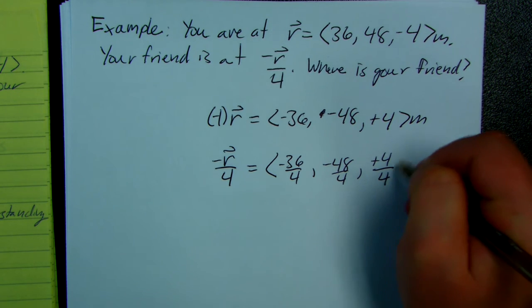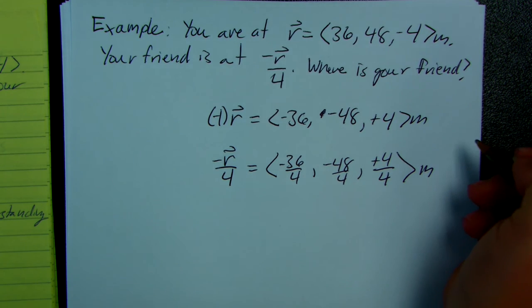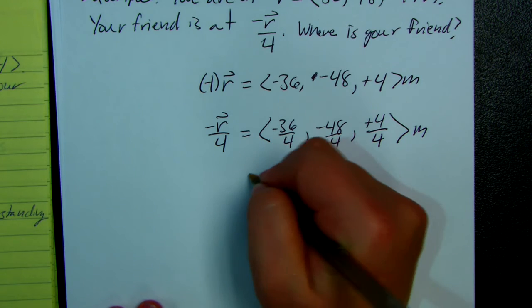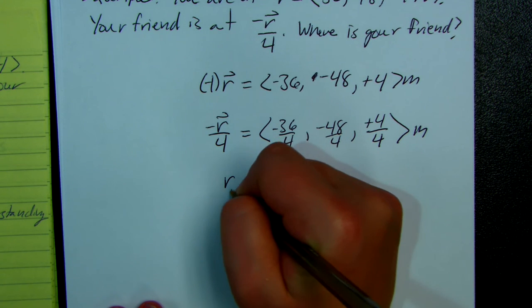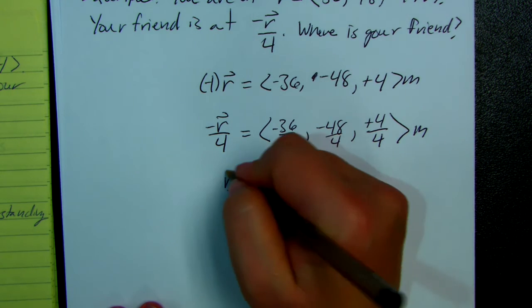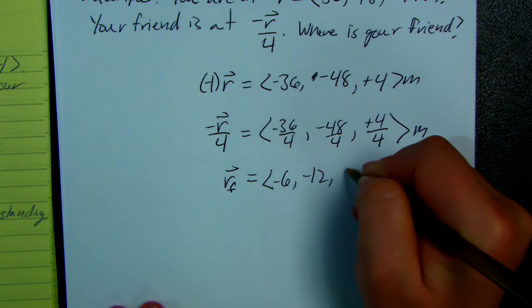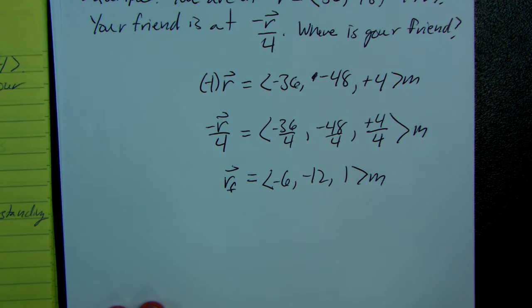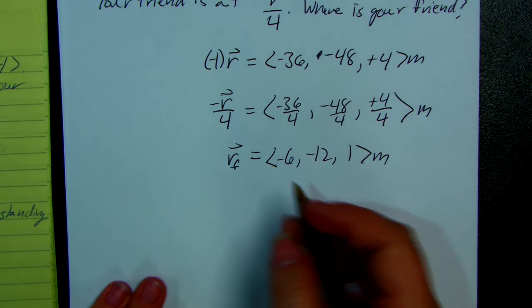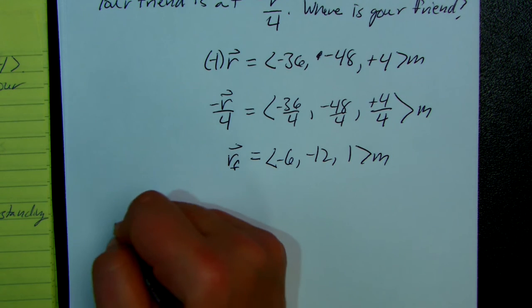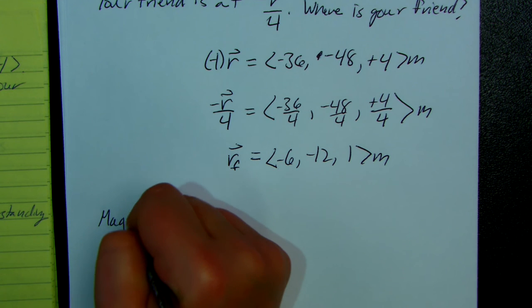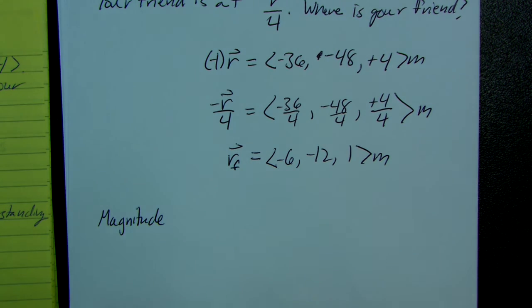This is equal to minus 36 divided by 4, minus 48 divided by 4, and plus 4 divided by 4. This results in the final position of your friend being minus 9, minus 12, and 1.